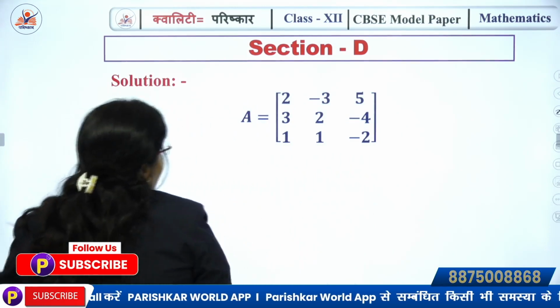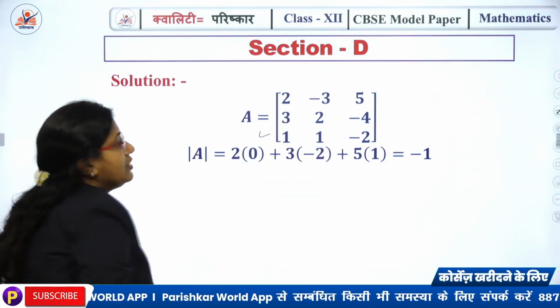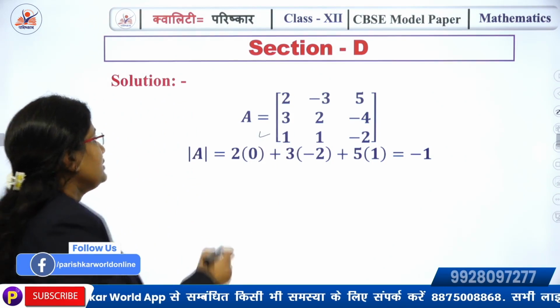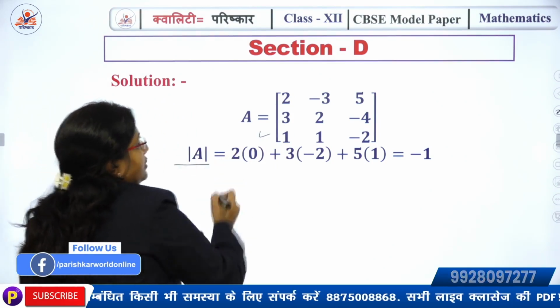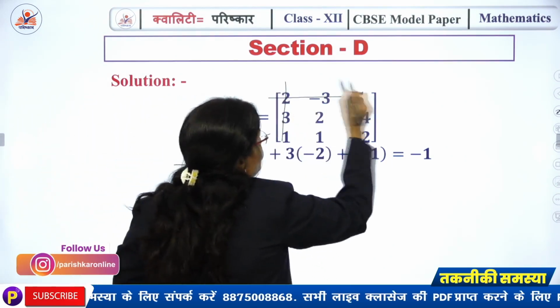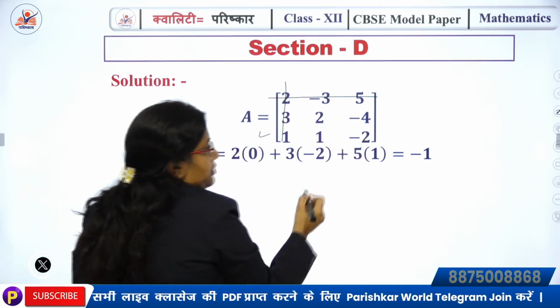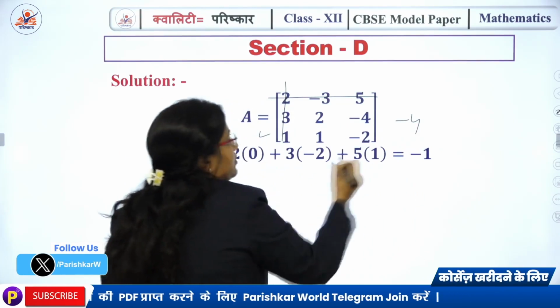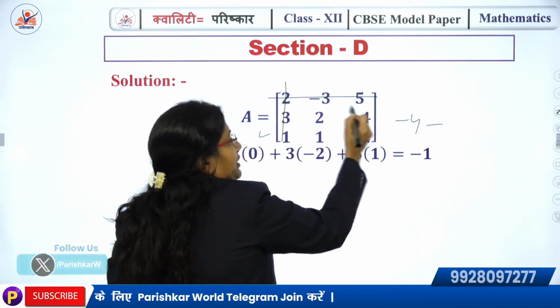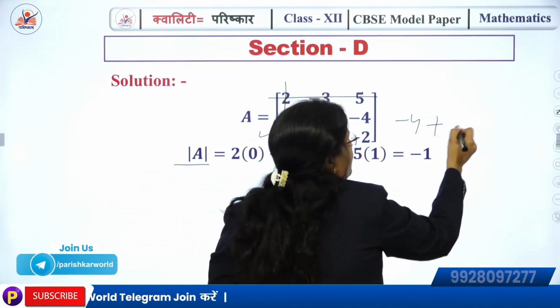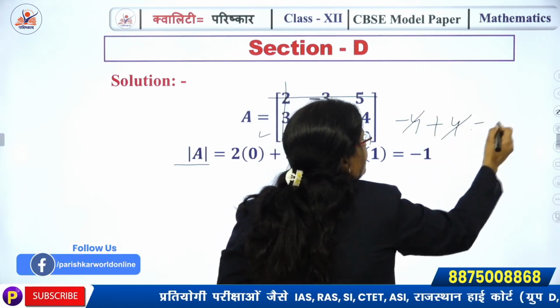Given matrix A is equal to this, and we'll solve for determinant A. After hiding this column and this row, we have 2 into minus 2, that is minus 4, and minus of 1 into minus 4, that is plus 4. Minus 4 plus 4 is equal to 0.